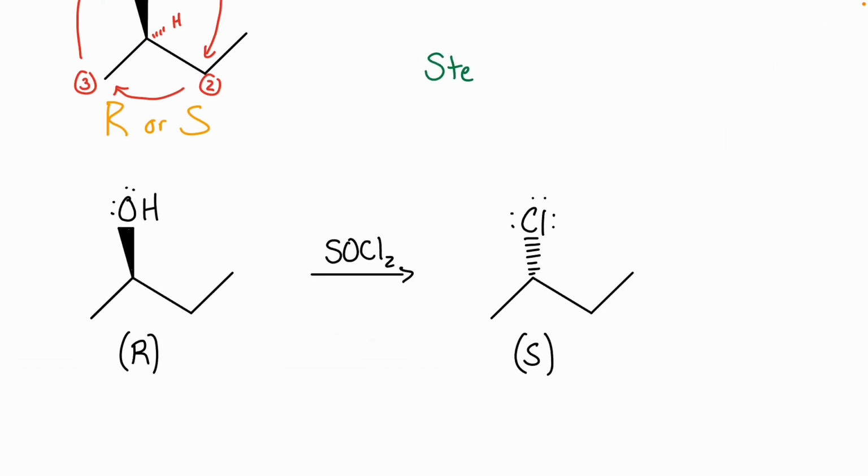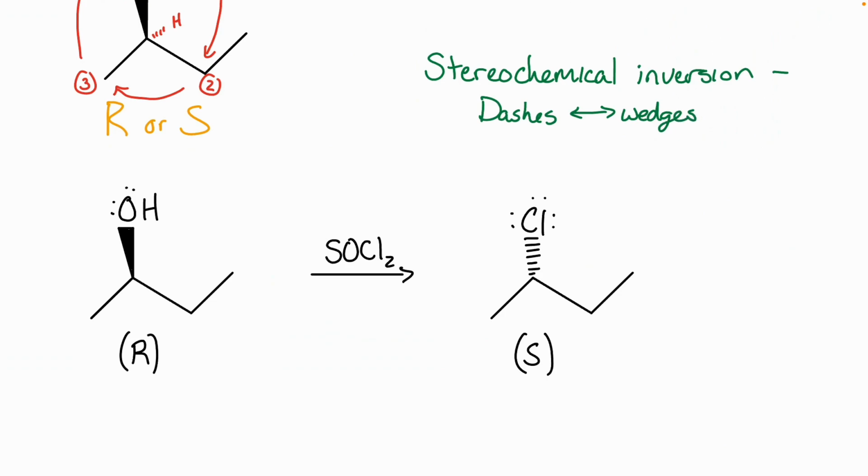All right, but again, what we call a stereochemical inversion. We turn dashes to wedges and vice versa. For substitution reactions that are stereospecific, this is the type of stereospecificity we're going to see a lot.